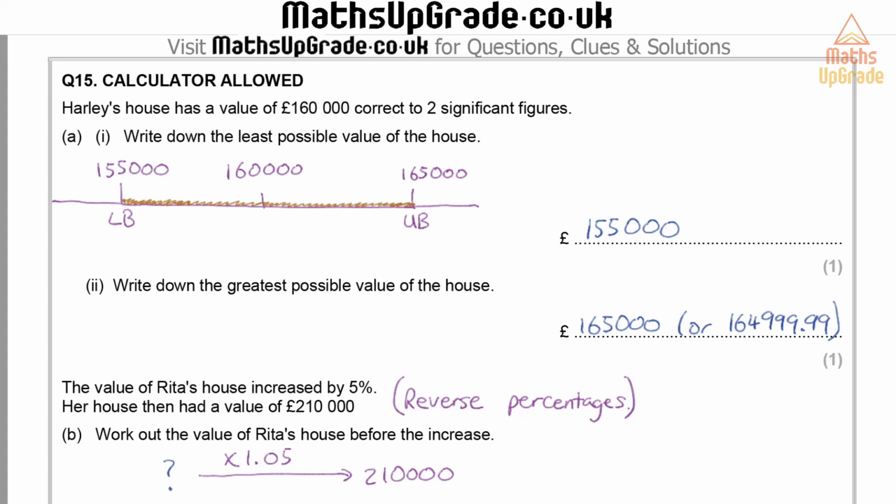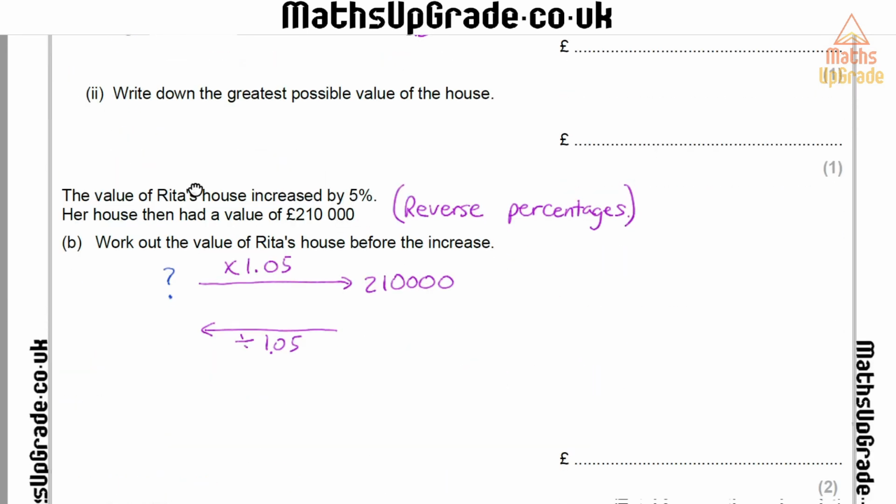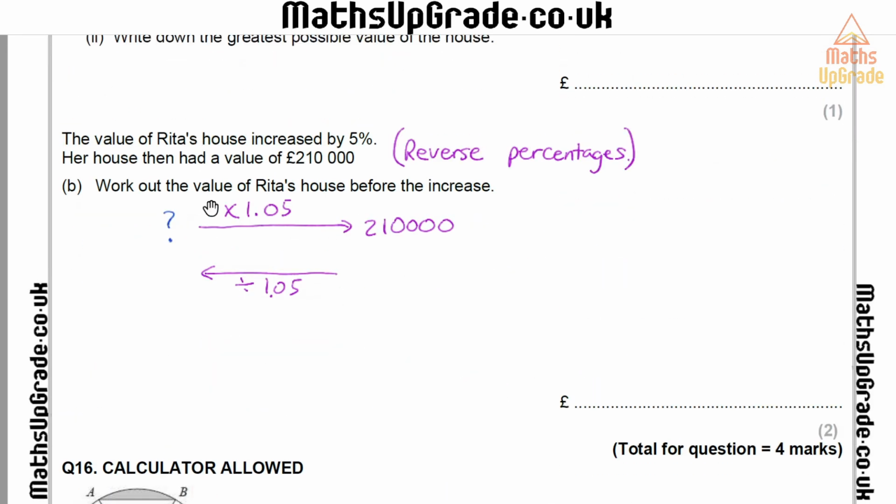In part B, I'm told that the value of Rita's house increased by 5%. Her house then had a value of £210,000. Work out the value of her house before the increase. So this question involves reverse percentages. Again, if you're not sure on reverse percentages, then be sure to check out my video clip on that topic. In essence, what I'm told here is that we don't know what the value was before it was increased by 5%, but we know the value after the increase.